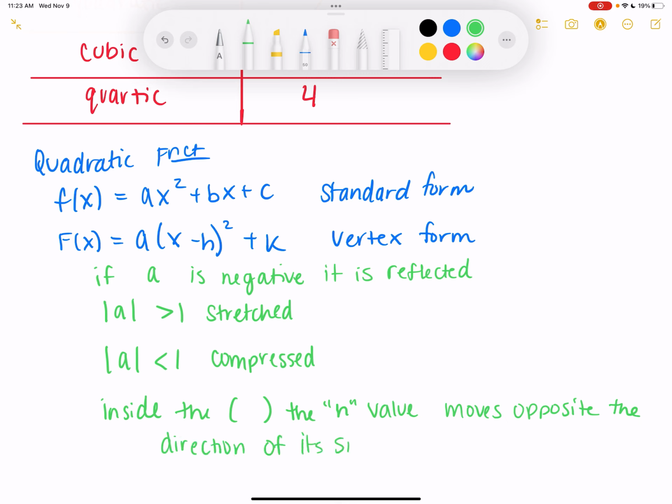So in the form, the way that it's written, it's minus h. So this would be moving to the right h. If it was plus h, it would be moving to the left.